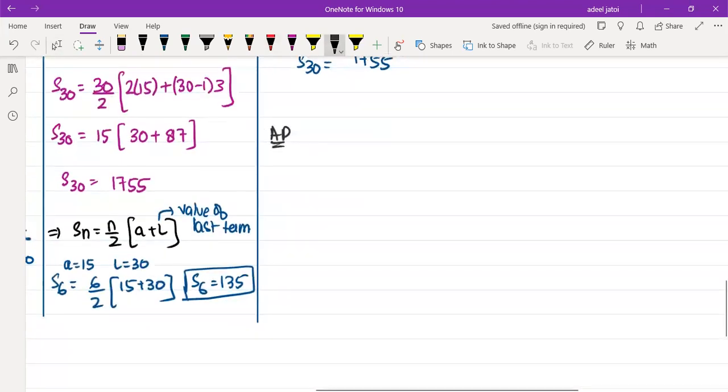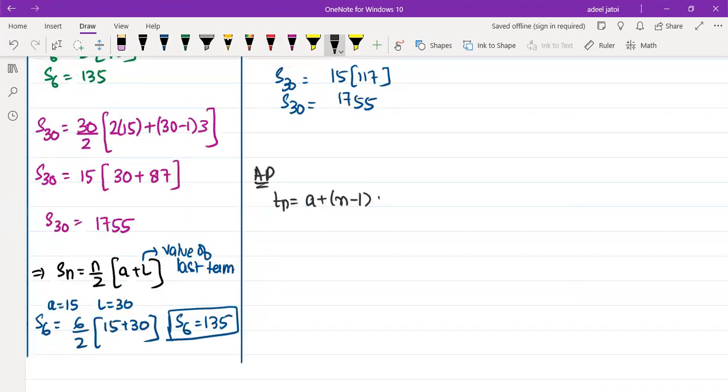So in AP, if I summarize, your formula can be used as Tn is equal to a plus (n minus 1)d. This is for a term. Then you have the sum, which is n upon 2 times (2a plus (n minus 1)d). And the sum is also n upon 2 times (a plus L).